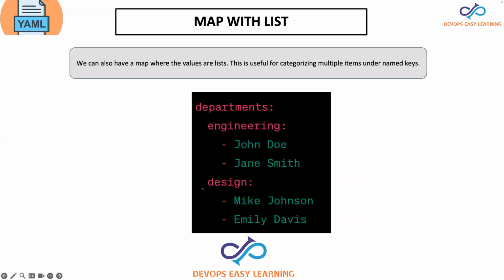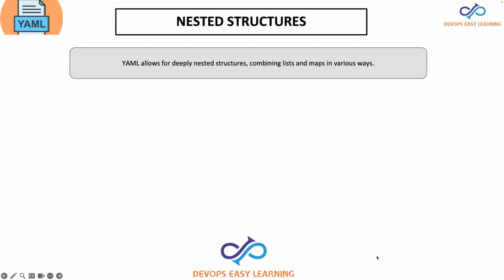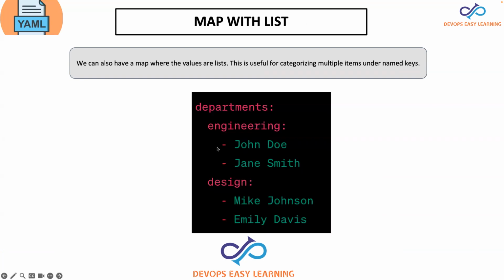You don't see any hyphen on department, engineering and design, which is why they represent a map. But you have hyphens here, meaning this is one list, and this is another list. So engineering is a list, design is a list, but department, engineering, and design together represent a map. We are going to say a map with list, not to get confused.